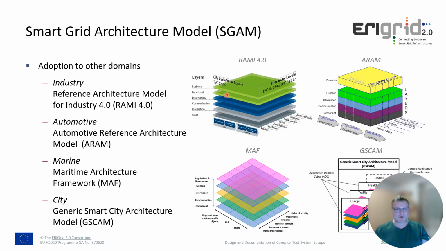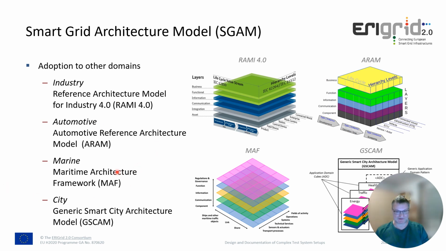This model has also been adopted to other domains. On the industry side, the Reference Architecture Model for Industry 4.0 has been introduced, the RAMI 4.0, so it borrows a lot of concepts from the SGAM, and RAMI 4.0 nowadays replaces more and more the originally introduced automation pyramid. In the automotive sector, there's the Automotive Reference Architecture Model, the ARM.